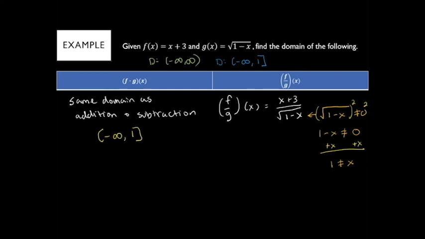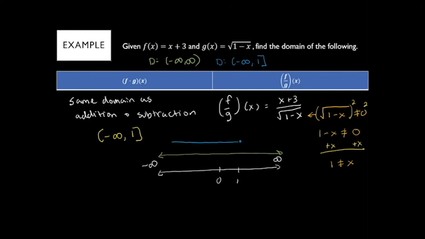So I'm going to draw my number line again, just like we did for the previous ones. Negative infinity, positive infinity, I'm putting 0, I'm putting 1. The all real numbers domain just means everything is graphed. We have our domain for everything less than or equal to 1.